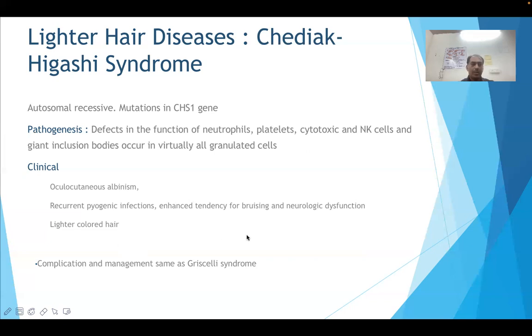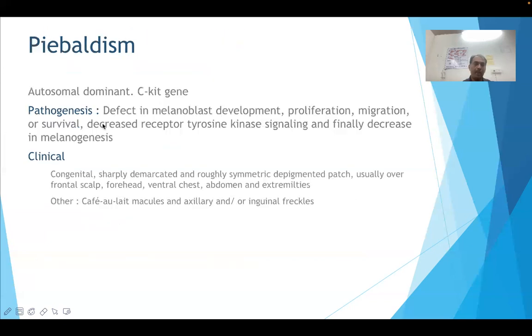The management rests same as the Griscelli syndrome, wherein the most important part is to protect the skin from ultraviolet rays that might lead to skin cancers. Piebaldism is an autosomal dominant condition which is mainly due to the c-KIT gene.